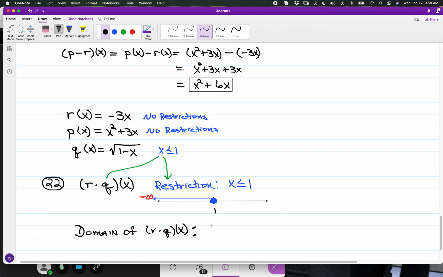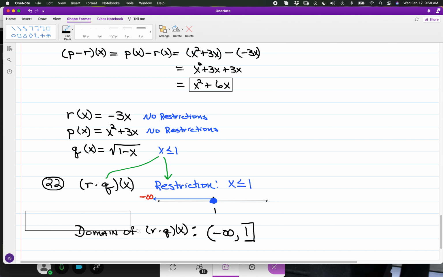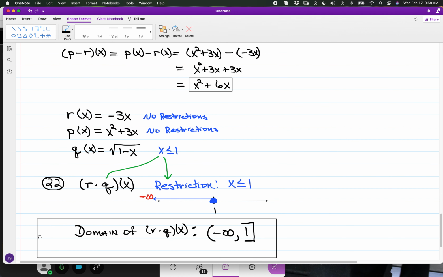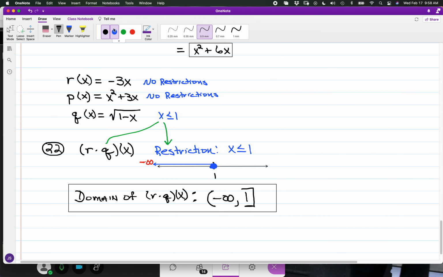And for the domain, you have an opening parenthesis, going from negative infinity up to and approaching 1 and including 1, and so 1 is going to be in the bracket. So you got the domain.